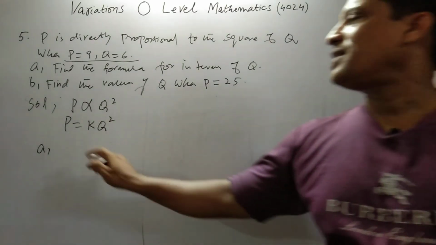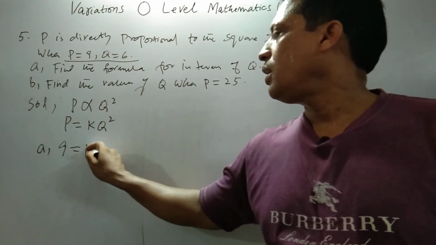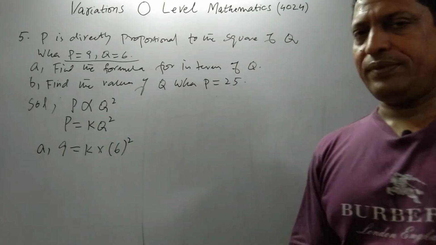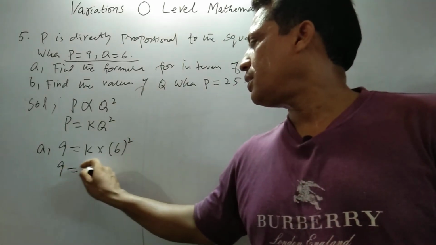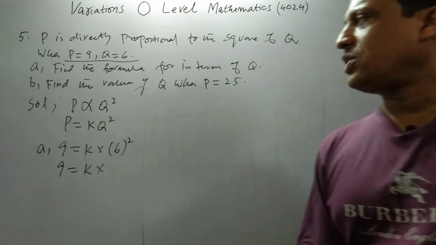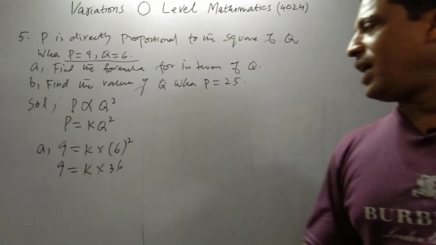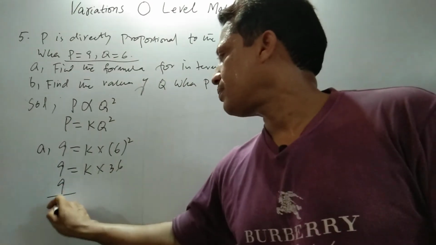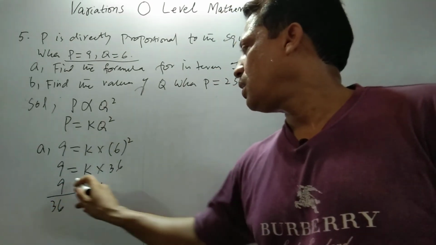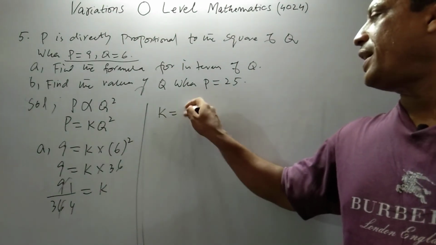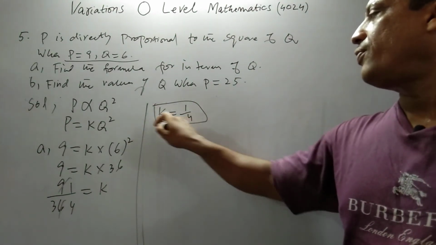The value of P is 9, K, the value of Q is 6 square. So 9 is K times 6 square, what is 6 square? 36. 36 is multiplied over here, so this should divide. 9 ones are 9, 9 fours are 36. So the value of K is 1 upon 4.